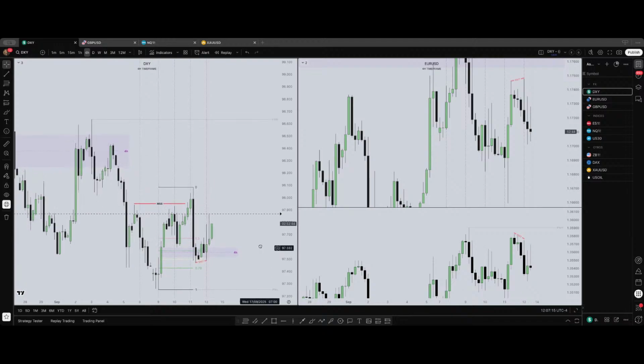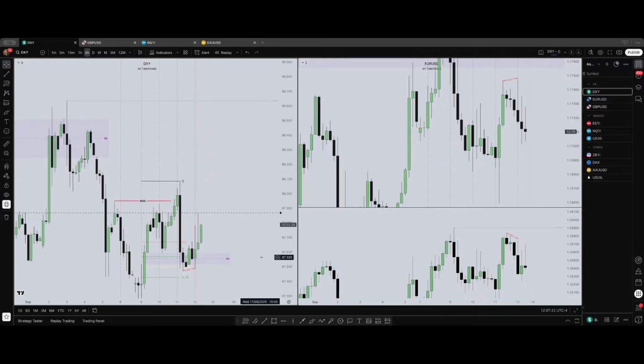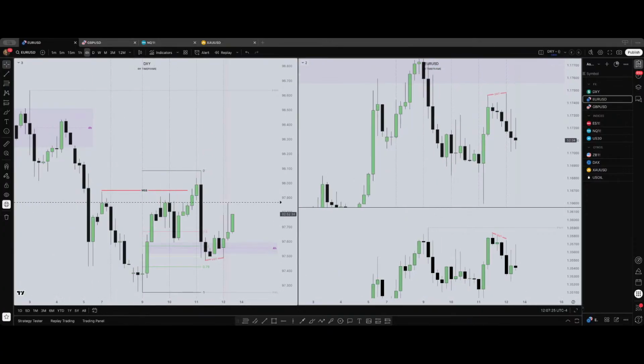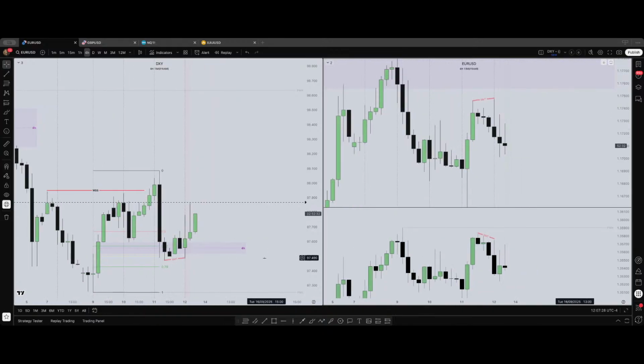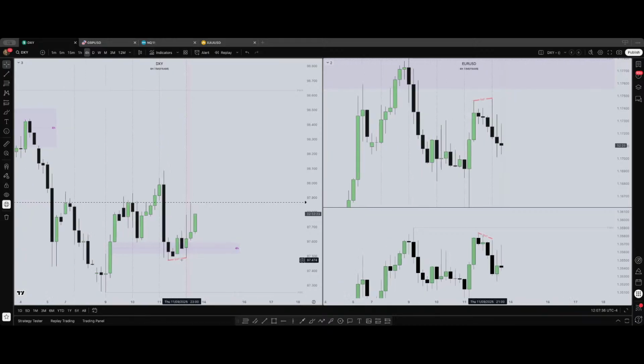The most important thing was the SMT divergence we had. This morning in the private group, I shared this SMT divergence, smart money technique divergence.